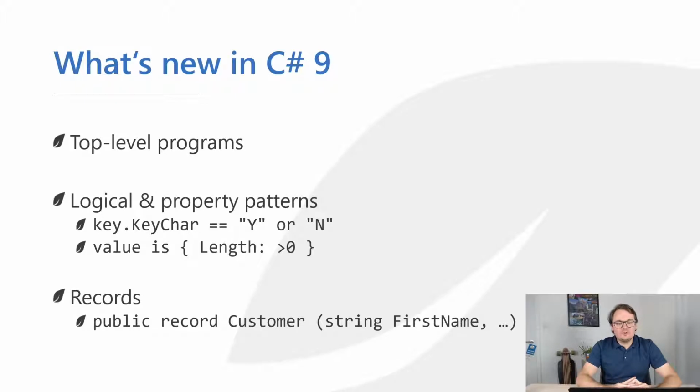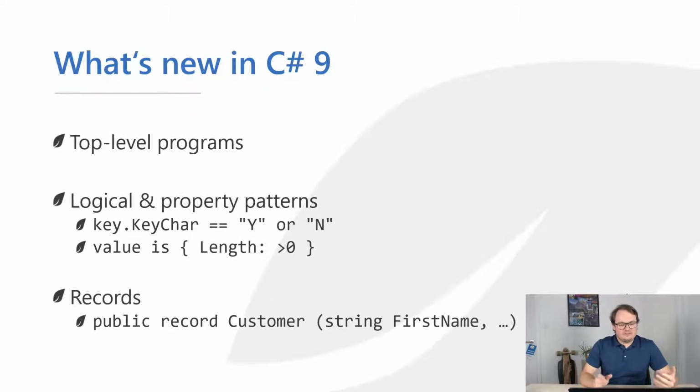So let's look at what's new in C# 9, because that's what we developers are using every day. If you want to create a simple program, you don't need to mess with all those namespaces and the main class or things like that.